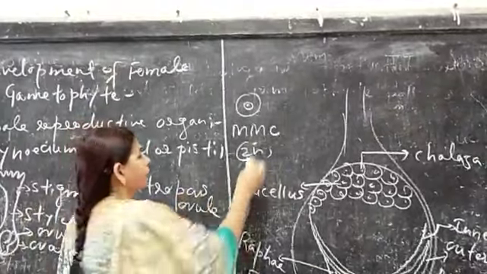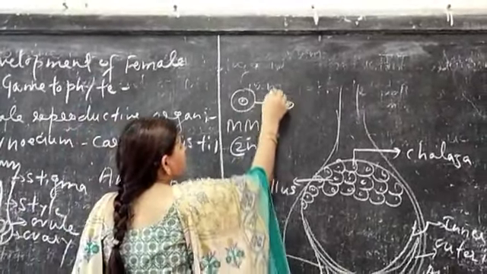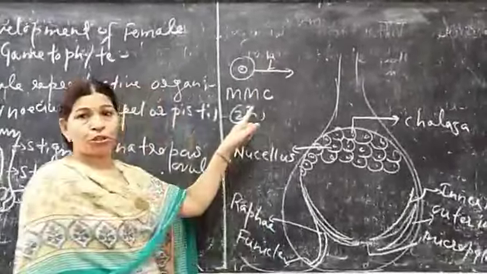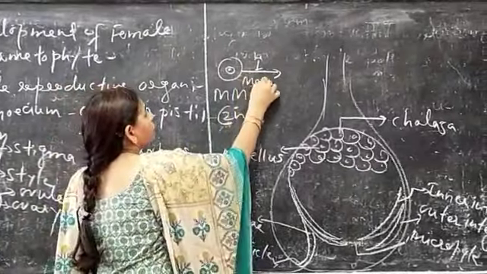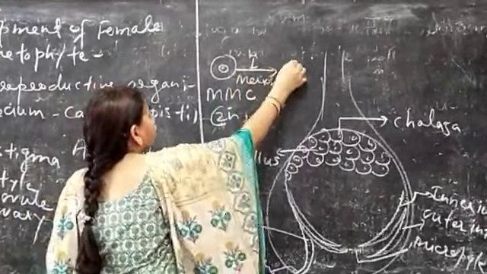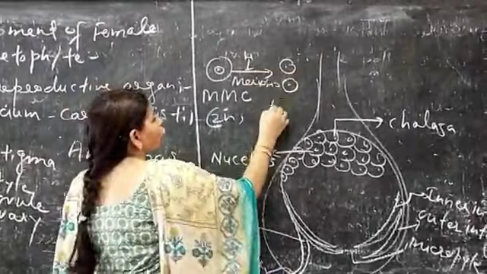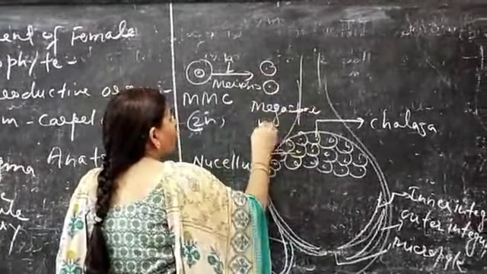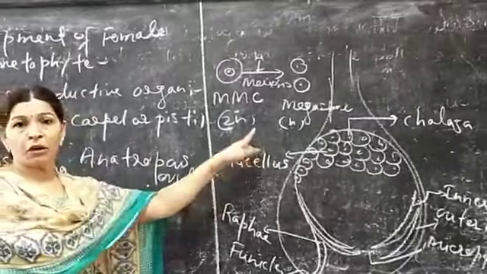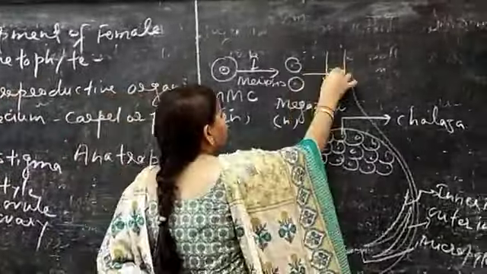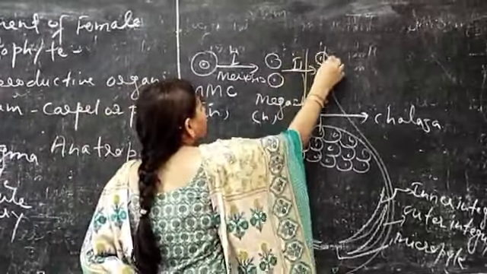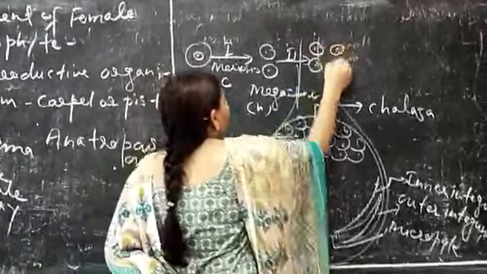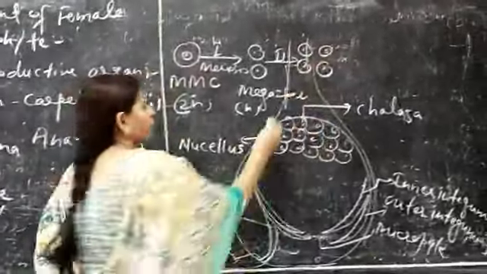The megaspore mother cell passes through meiosis division. After the first meiosis division, it forms two haploid megaspores, that is, a single set of chromosomes. And after the second meiosis division, it forms four megaspores.